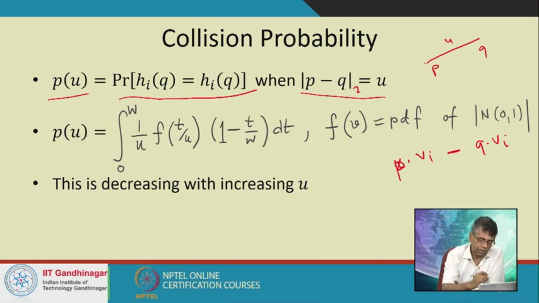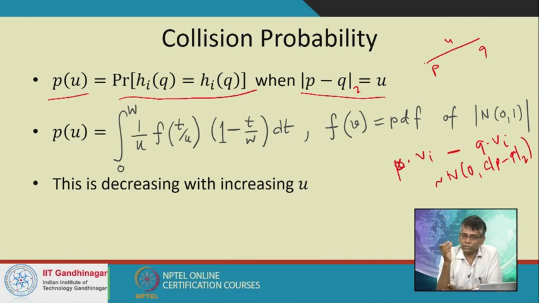That is a Gaussian random variable and has a standard deviation that scales with the L2 distance between p and q. So p dot vi minus q dot vi is a Gaussian variable with variance equal to the squared L2 distance between p and q. Then I can actually write down what the PDF of this random variable is.